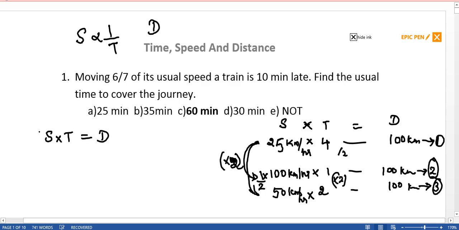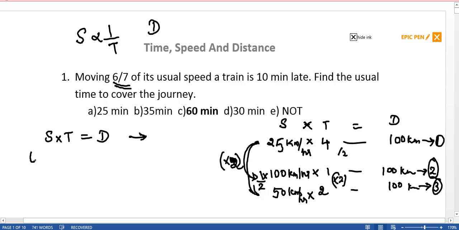I'm traveling at a certain speed and it takes me t time to reach the distance d. So that's the usual scenario. But now my speed becomes 6 by 7 of its usual speed.